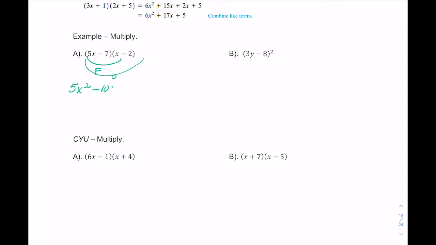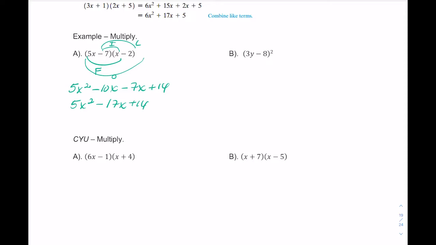So that would give us negative 10x. And then I would have my inner term, which would be negative 7 times x. And then I would have my last term, which would be negative 7 times negative 2, which is positive 14. So my final answer in simplified form is 5x squared minus 17x plus 14.